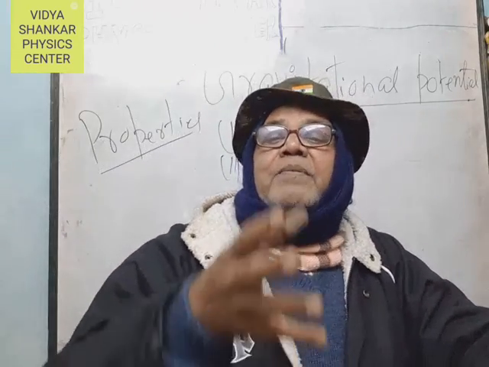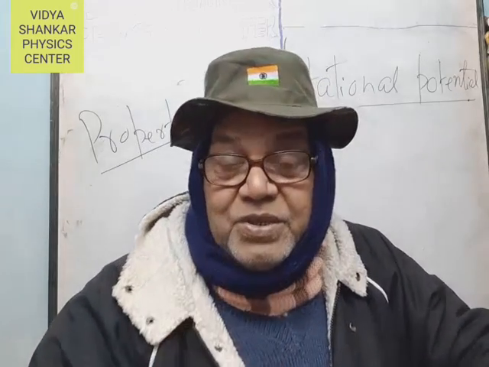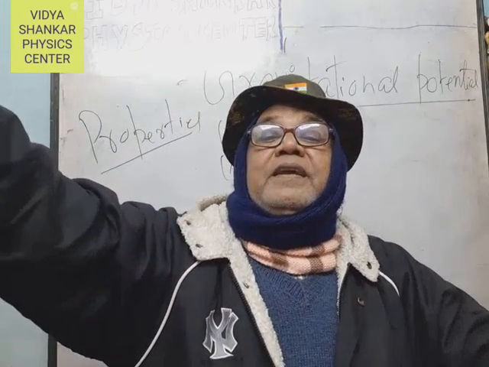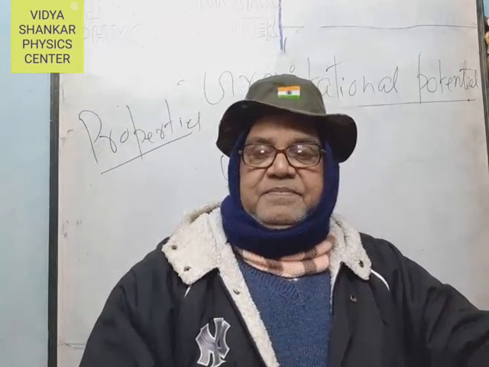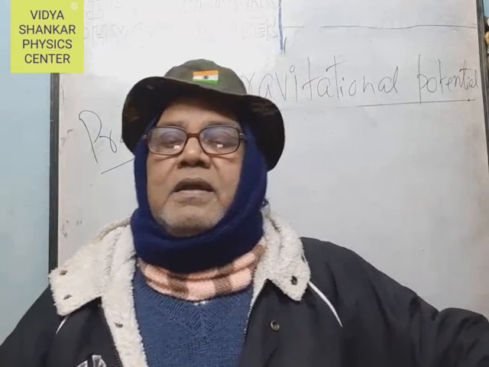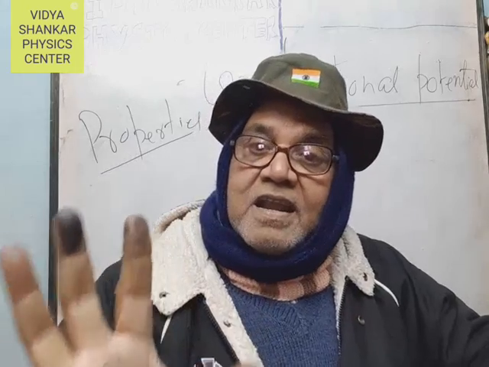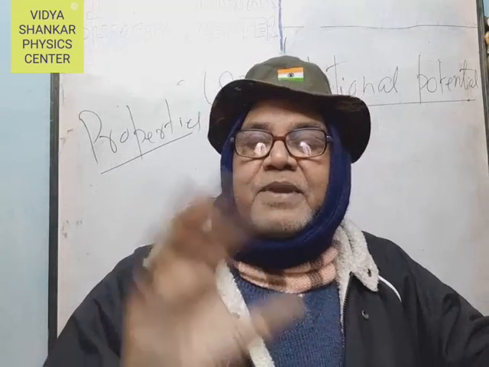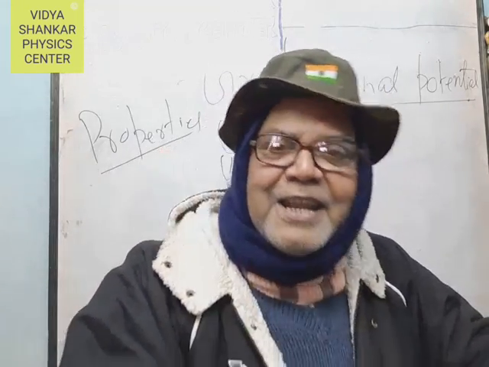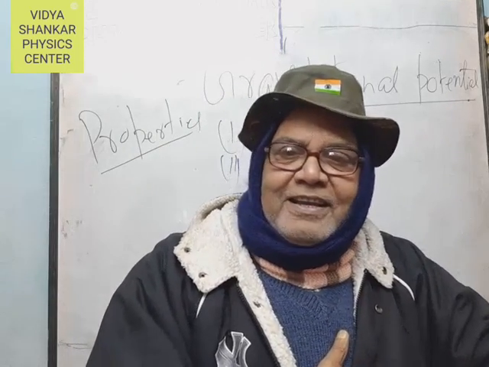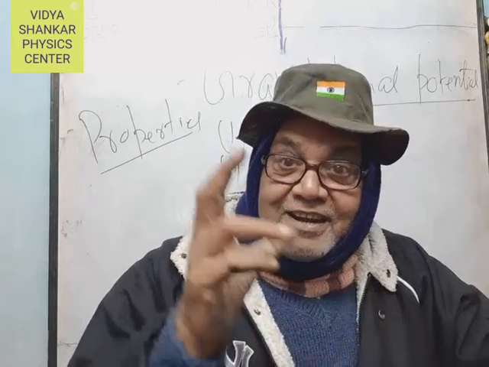Therefore, the gravitational potential is zero at infinity, but negative at any point in the gravitational field. The body has a certain gravitational field. Gravitational field has a certain limit. It does not extend to the infinity, but a certain limit.